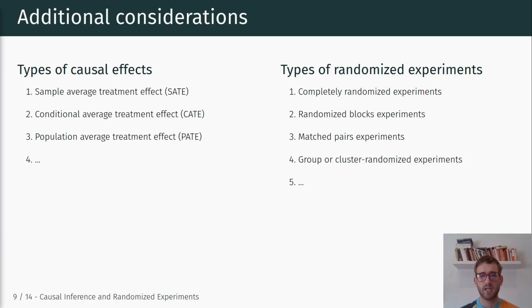The key here is that, compared to randomized block or paired experiments, which increase balance, precision, and efficiency, group or cluster randomized experiments don't increase precision. They're comparatively less efficient than, for example, complete randomization.